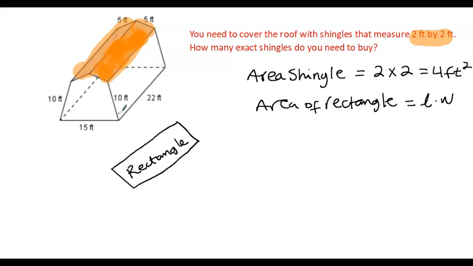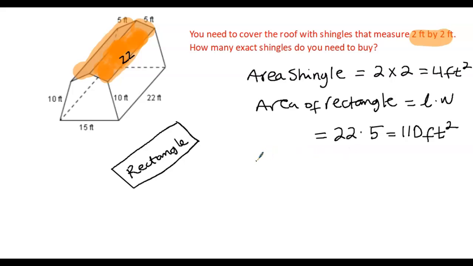So here the length is going to be the same as the 22. So here it's going to be 22. So we're going to get 22 times 5 is going to be 110 feet squared for each of the 2 sections.